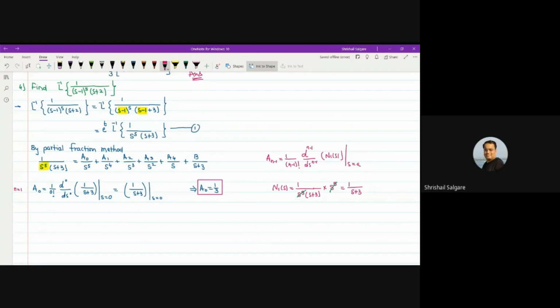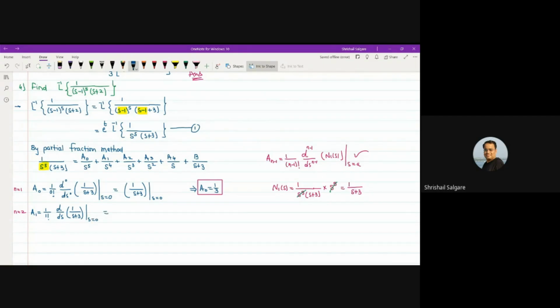Next, suppose if you are putting n is equal to 2 in the formula, then a1 you are getting. A1 is given by 1 upon 2 minus 1, that is 1 upon 1 factorial, d by ds of 1 upon s plus 3, at s equal to 0.